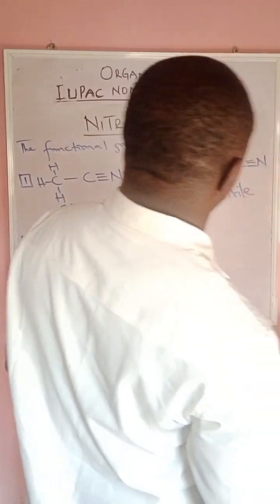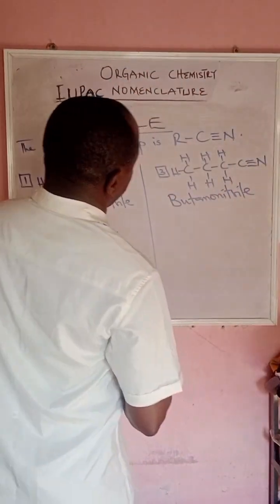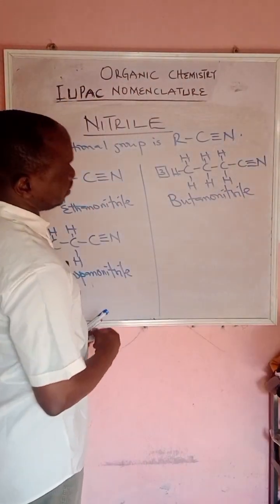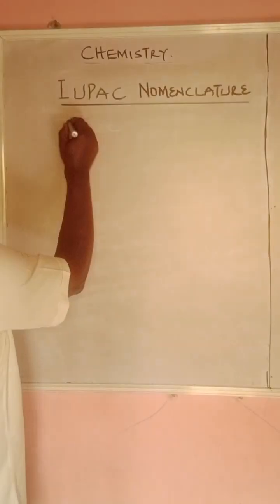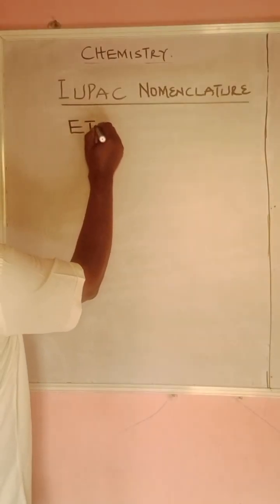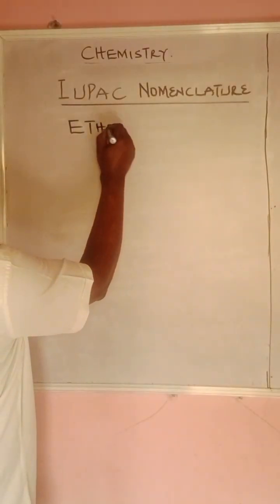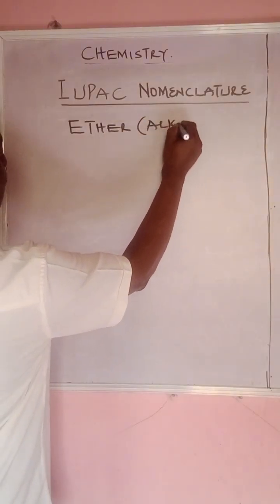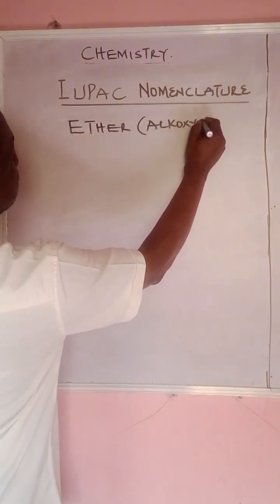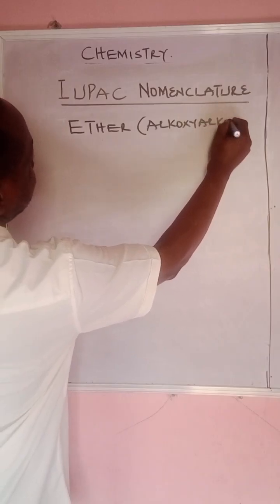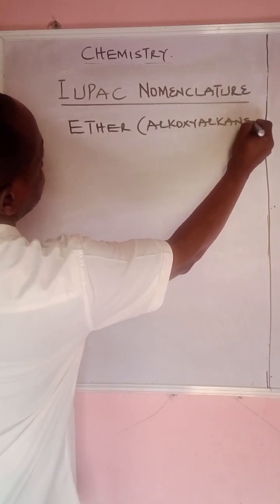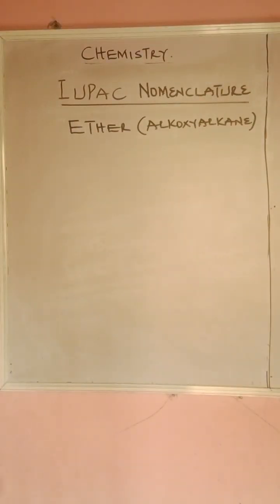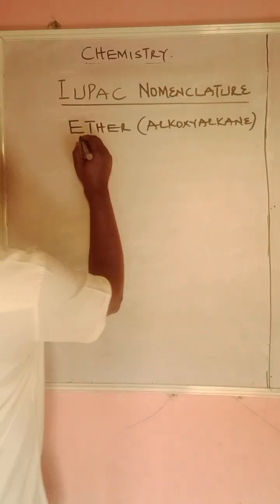This will be the end of IUPAC nomenclature of organic compounds. Ether, I'll call it alkoxy alkane. So that is ether.